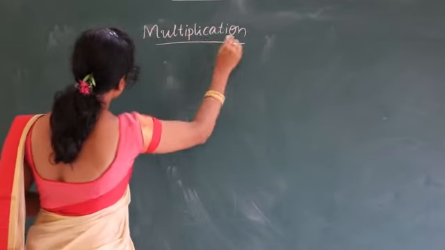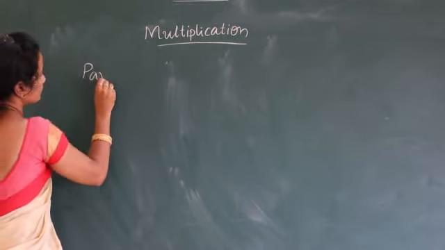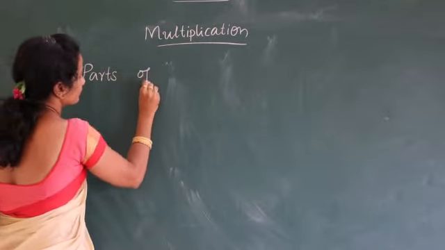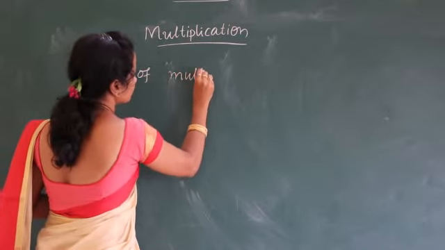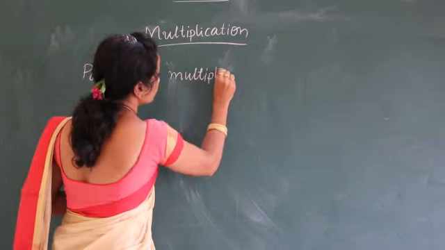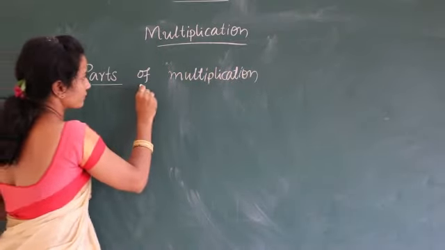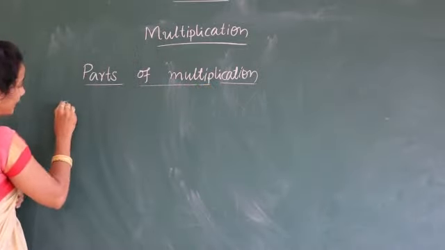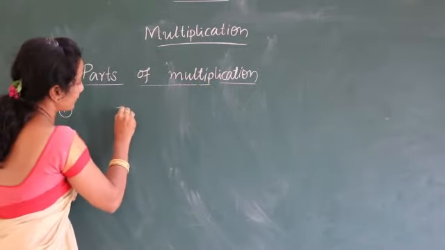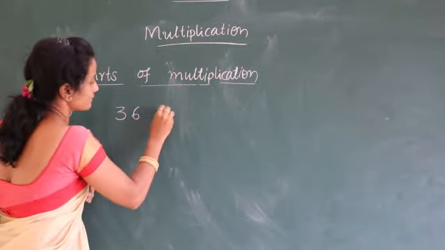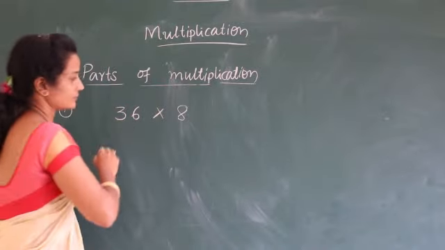So parts of multiplication. First of all, you need one example for that. Let me take one example: 36 is multiplied by 8.